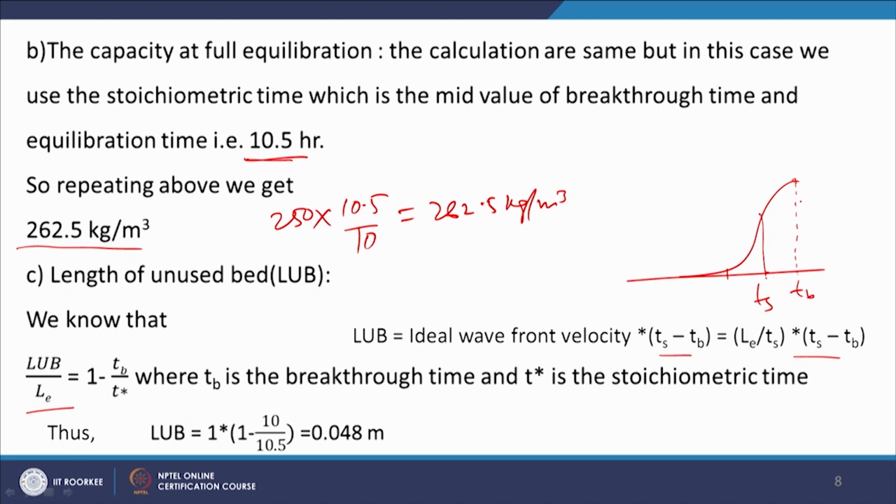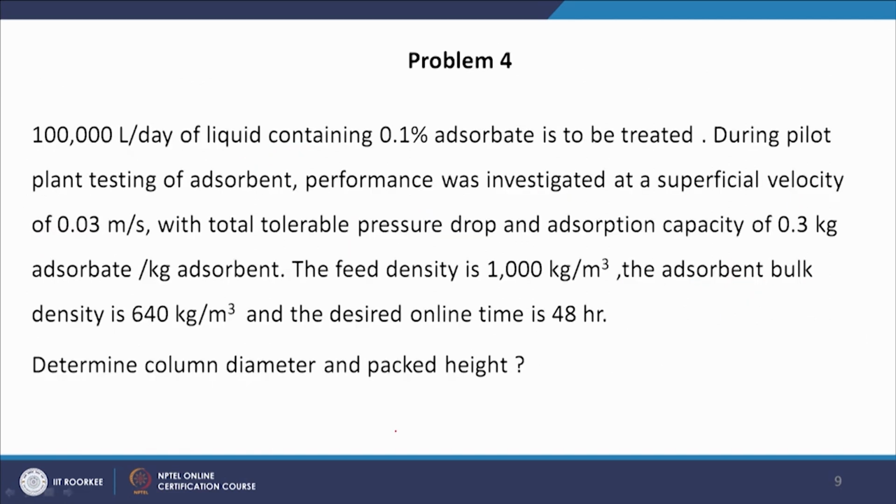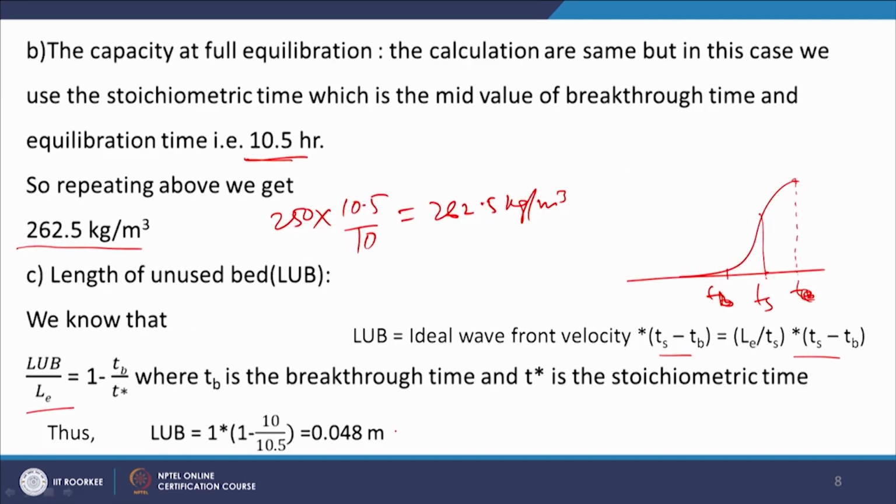T b is this one, this is our T e and this is our T b. So, 1 minus 10 divided by 10.5. So, with this formula we are getting 0.048 meter. So, this is the LUB, that bed will not be used basically.